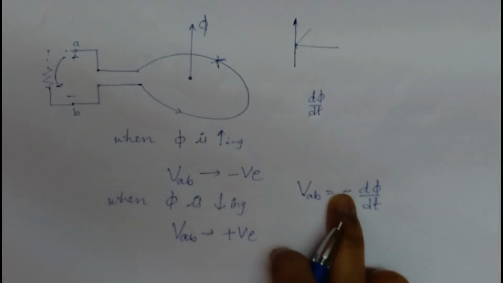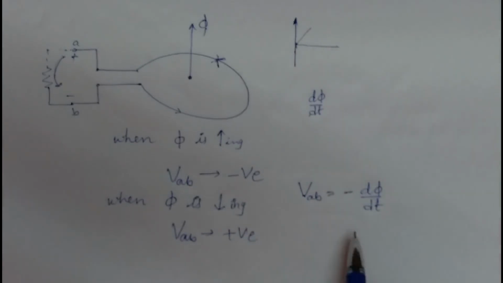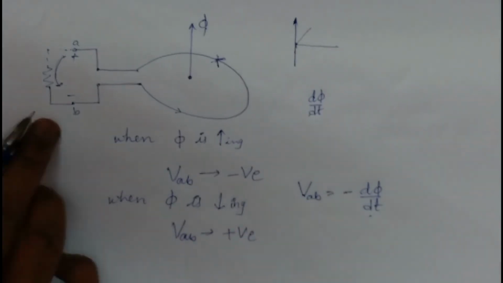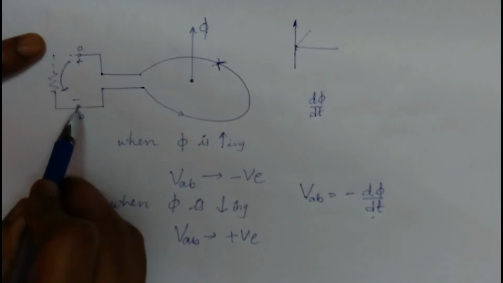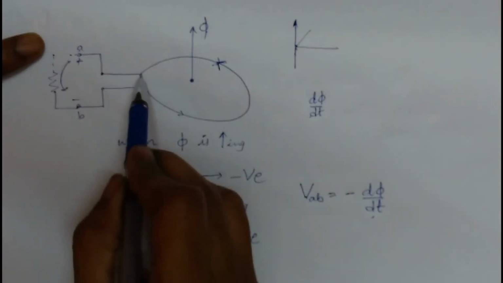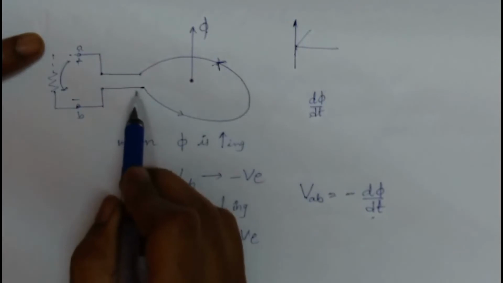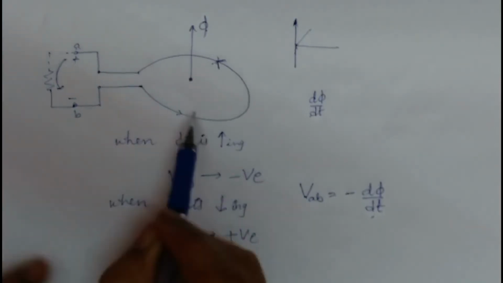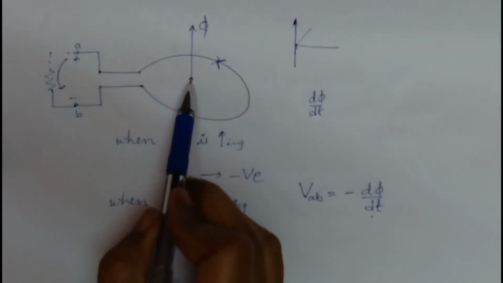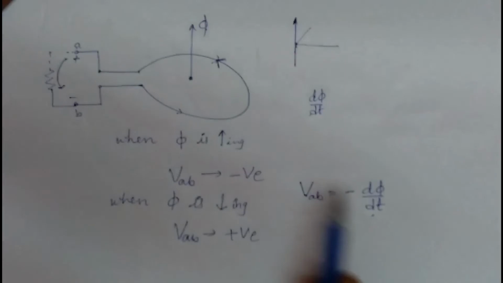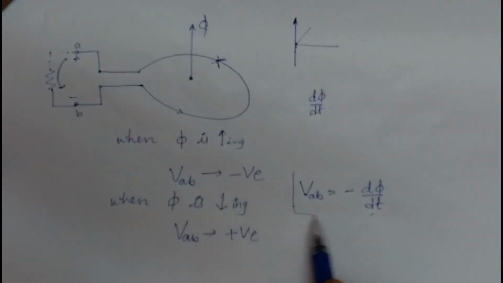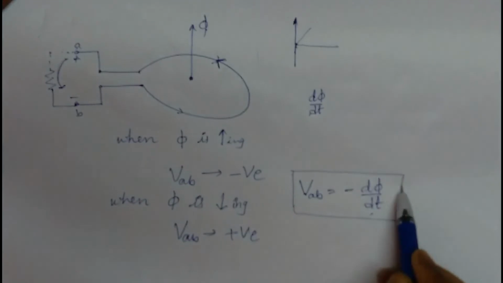This minus sign and this VAB are valid for this representation: for A and B of this coil, with the coil in the xy plane, and my phi direction upwards. For all these conditions, this formula is valid.